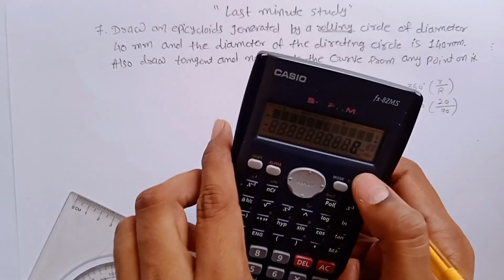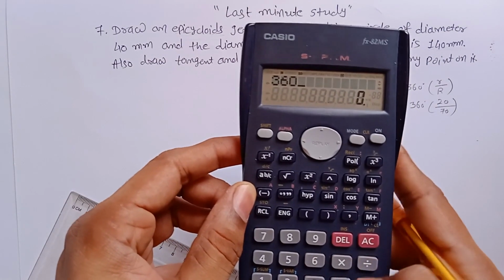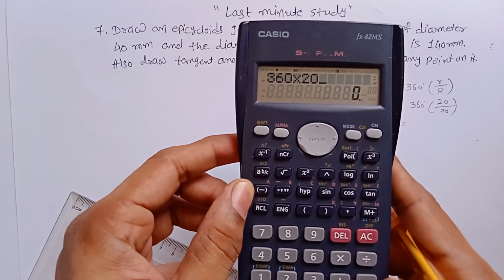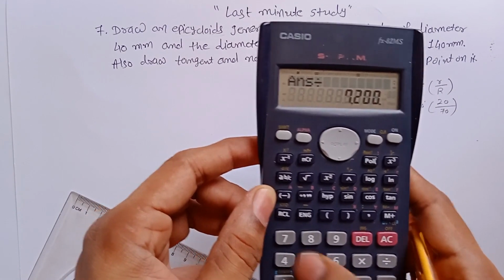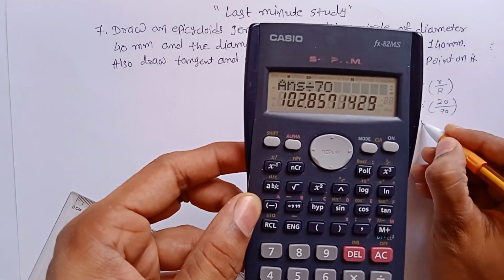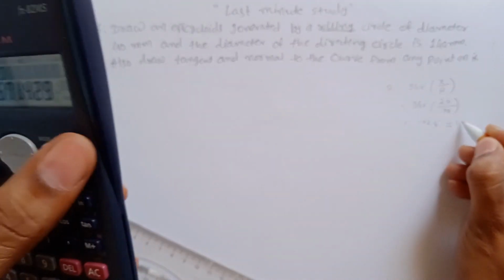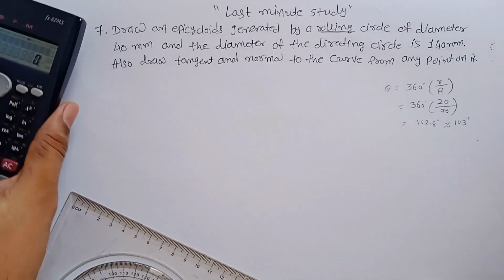So when you calculate 360 into 20 divided by 70, you get 102.8 degree, which is equal to 103 degree.